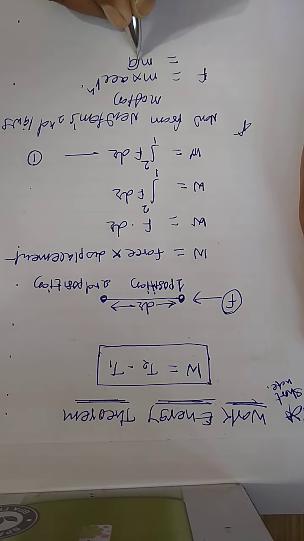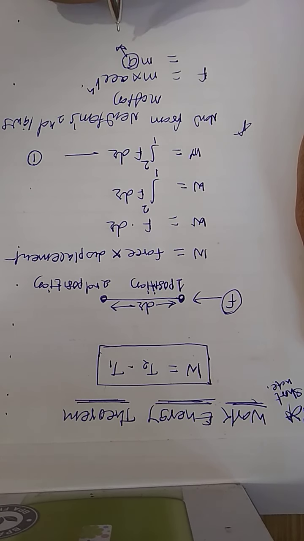But acceleration is nothing but the rate of change of velocity. Therefore put a equal to the rate of change of velocity with respect to time, dv by dt. Therefore F equals m into dv by dt.